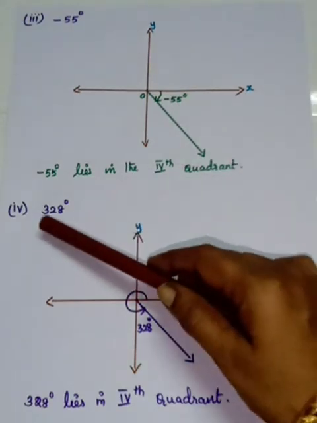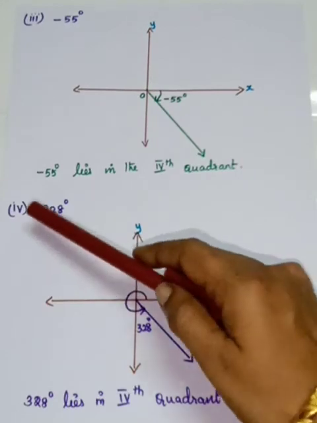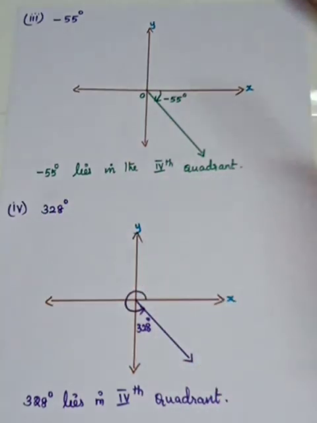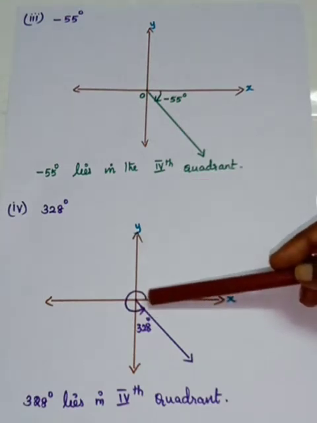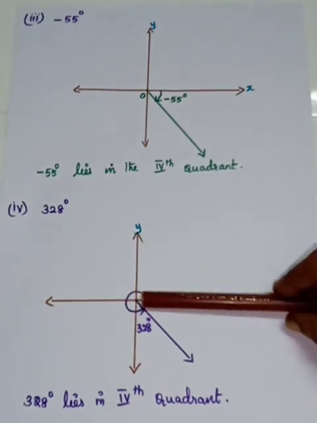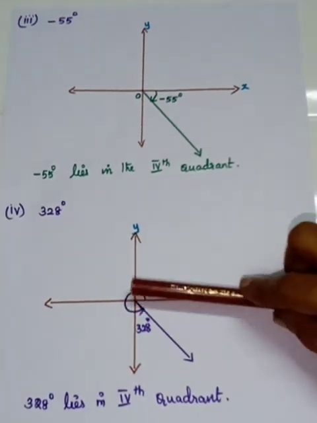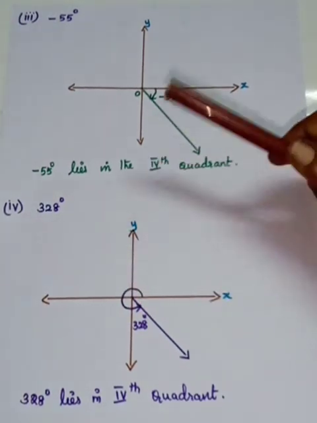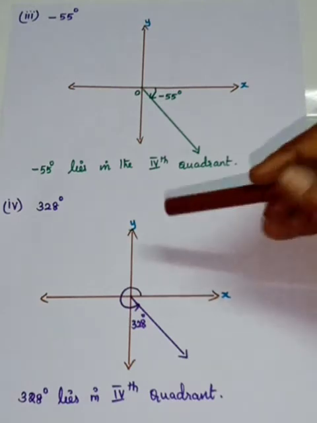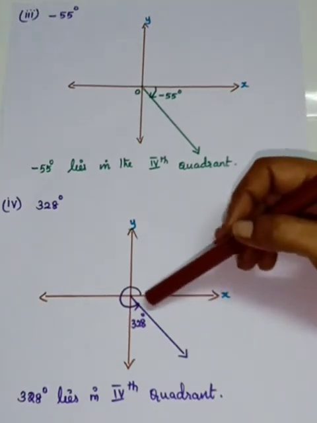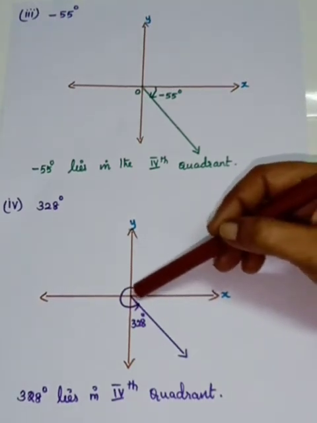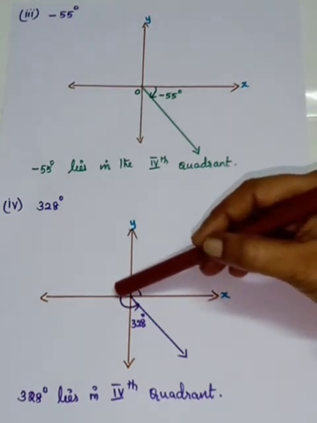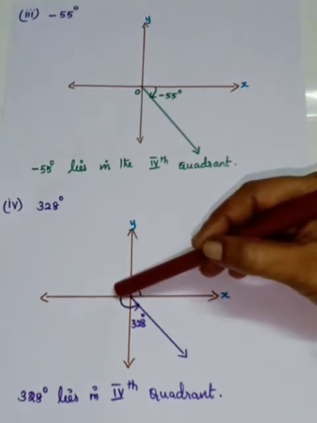But now come to 328 degrees. The angle is positive, so we have to do the rotation in the anti-clockwise direction, starting from the initial side. We have to move 90, first quadrant is over. 328 is less than 360, so it didn't complete one full rotation. So after the first quadrant, 90 degrees is over, then it has to move to the second quadrant, 180 degrees over.